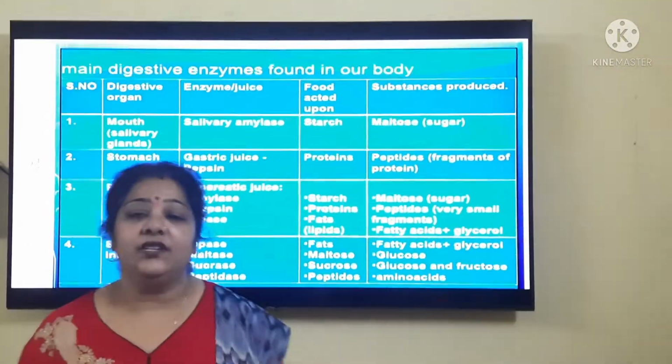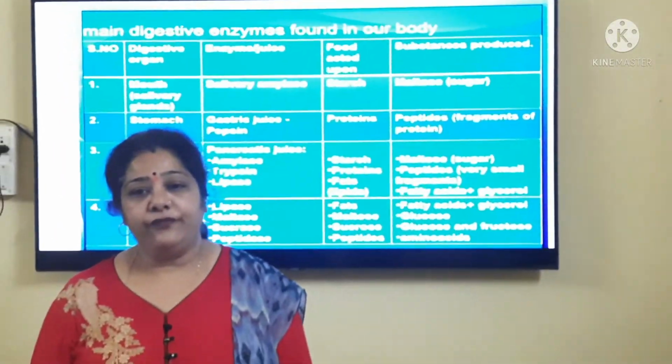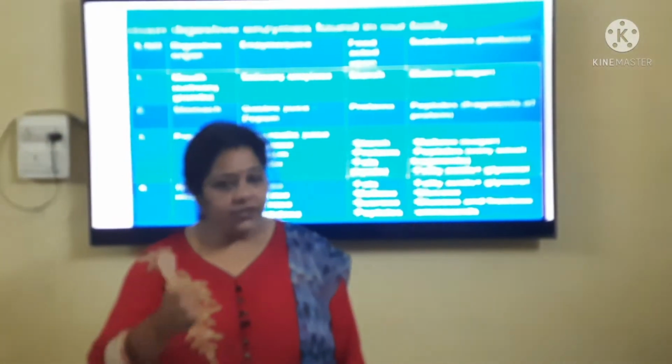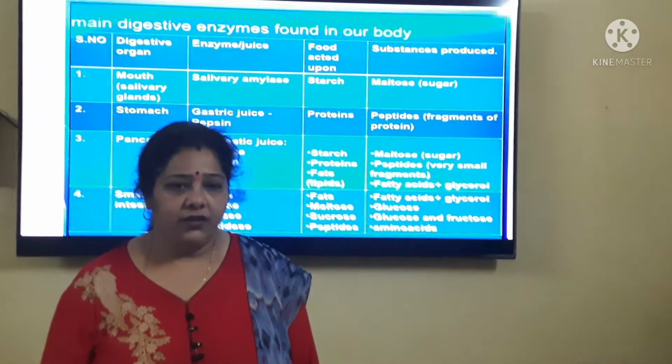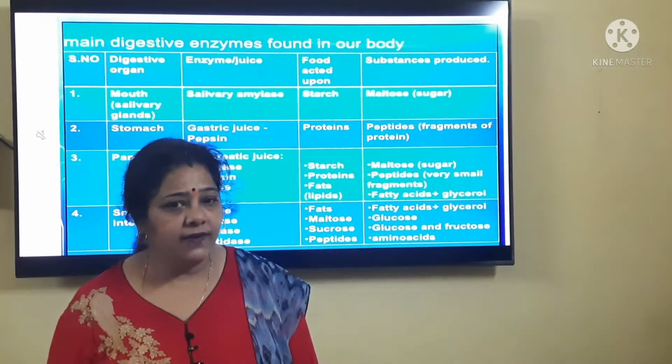These amino acids are the simplest form of proteins, and now they can be absorbed into the body through the villi. Is it clear till here?